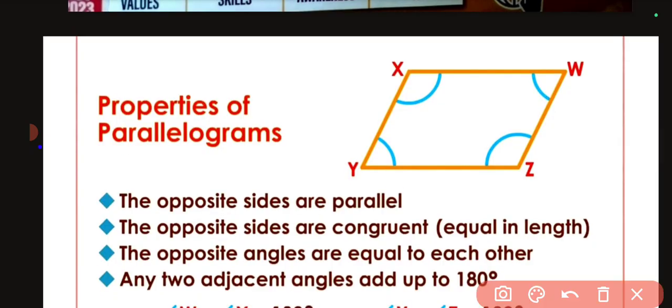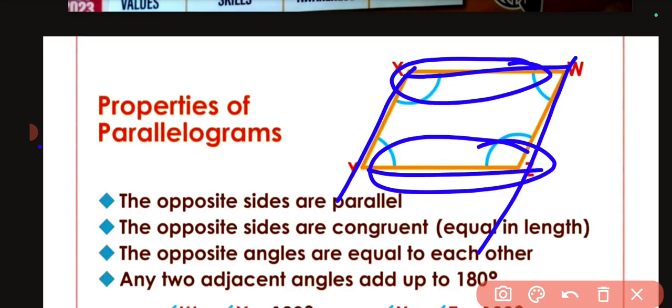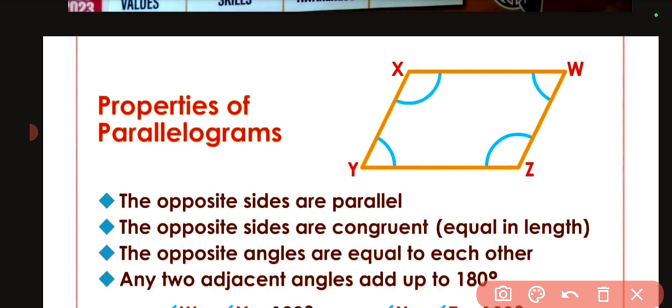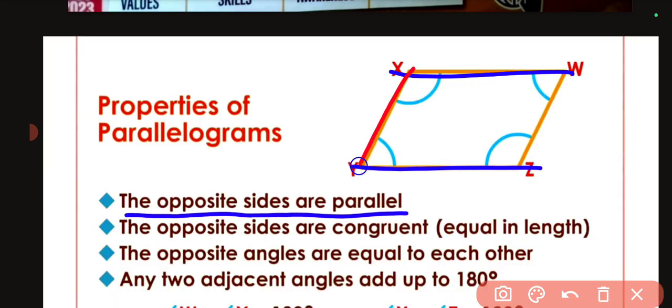A quadrilateral in which both pairs of opposite sides, here opposite sides are xz and yz, xy and yw, are parallel. So opposite sides are parallel. These are opposite sides, and these are adjacent sides.